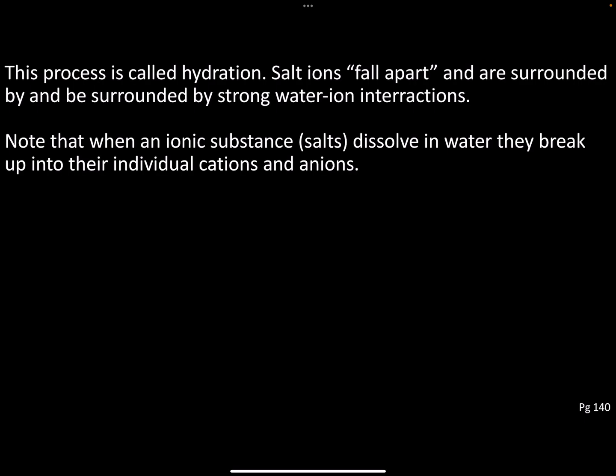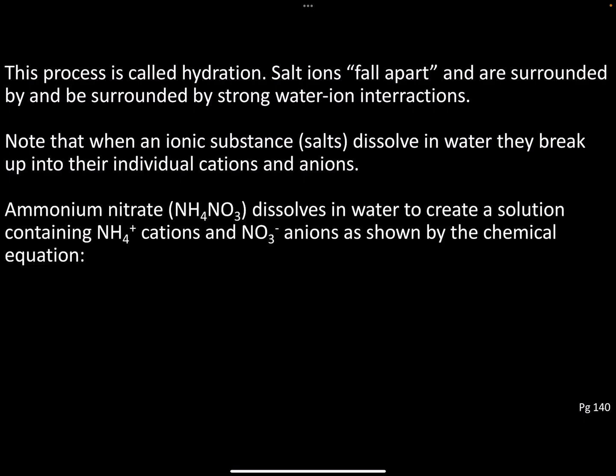Now note that when an ionic substance or a salt dissolves in water, they break up into their individual cations and anions. Similarly, ammonium nitrate dissolves in water to create a solution containing ammonium ions and nitrate ions, as shown by the chemical equation here.